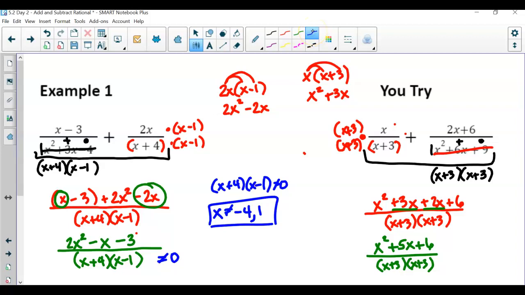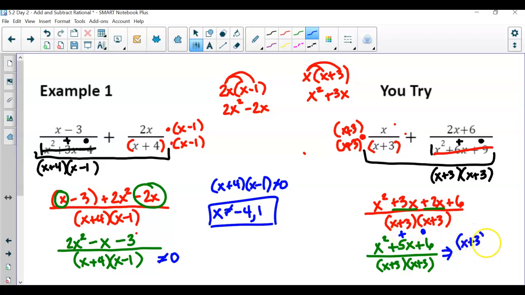Or for those who went ahead and continued, if I want to continue simplifying, I could see that my numerator could also technically be factored. So this is for those who went ahead and took it a step further. What numbers multiply to get you 6 and add to get 5? 3 and 2.